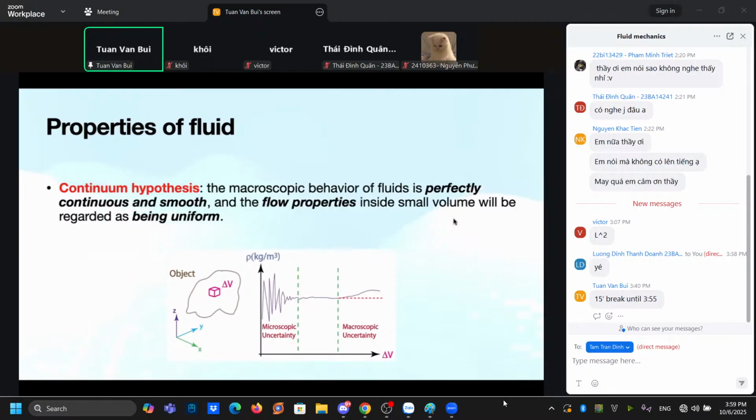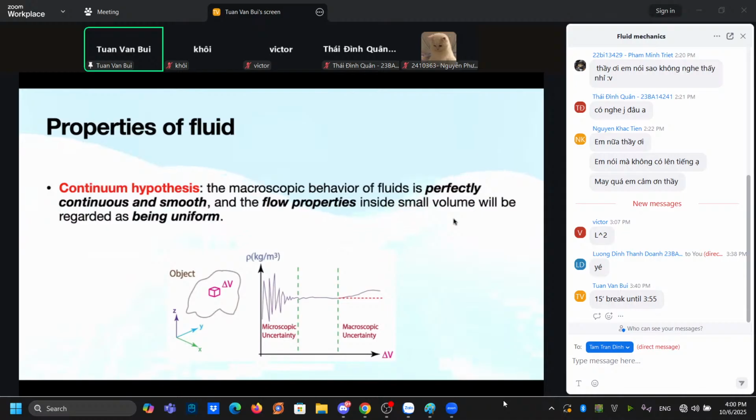So that is when you zoom in by microscopic view, like you can see in this figure, there's a big difference between small and big grains.